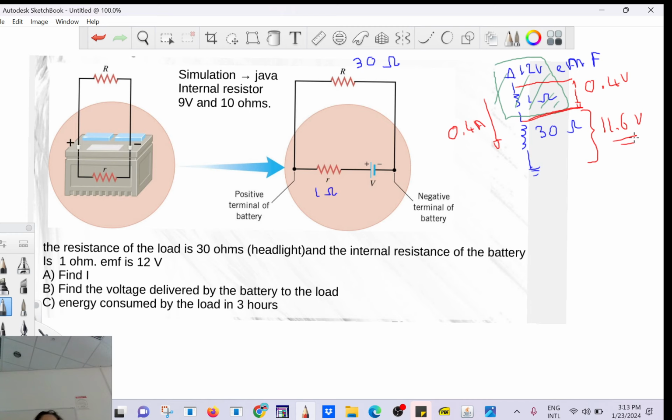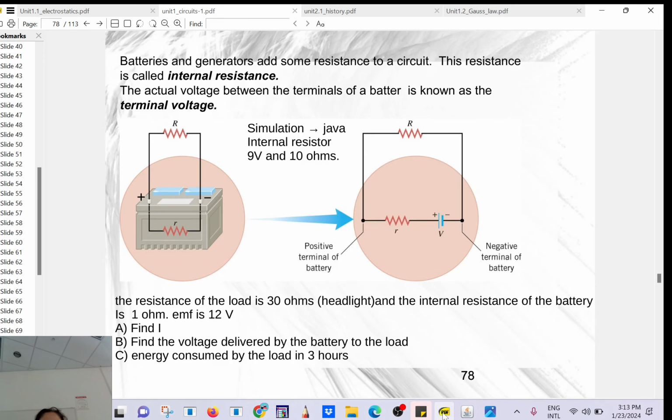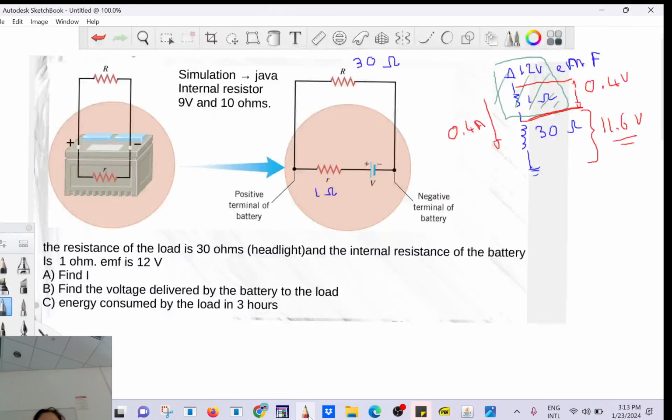Okay, so this is called the terminal voltage. Is that clear? Because of that little resistance hiding inside, you lose some voltage.